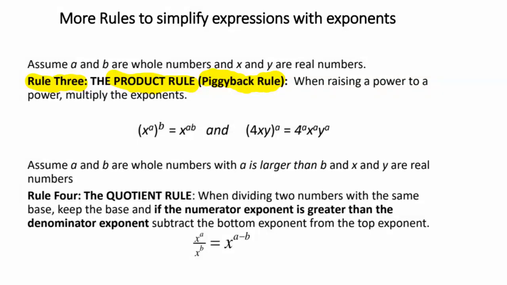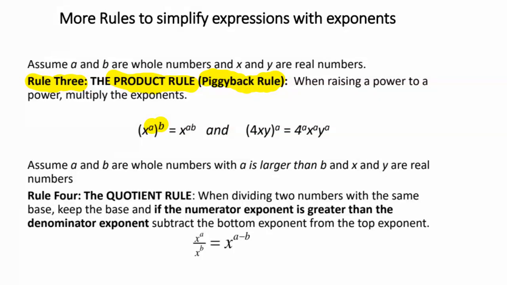And I still like that name because if you look at the example down here, I have a power inside the parentheses, and right on the outside, I have a b. Notice that the exponents are what we call piggyback. There's nothing between a and b, and they're in the exponent position.